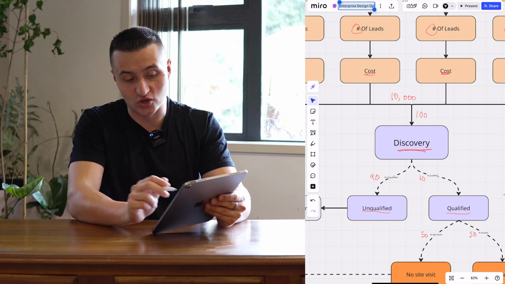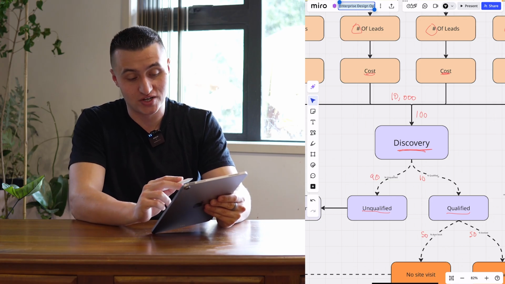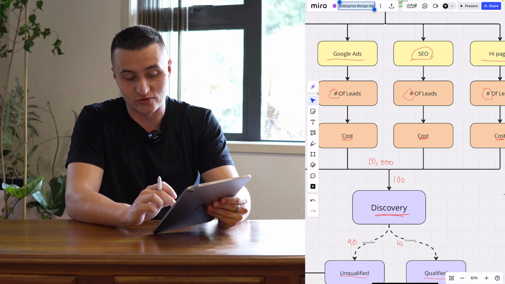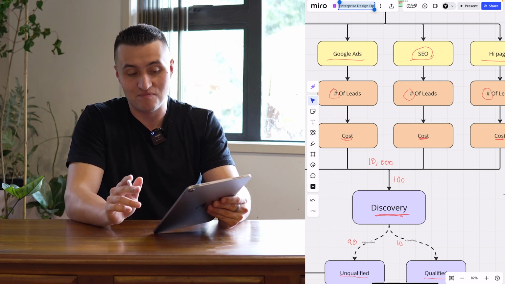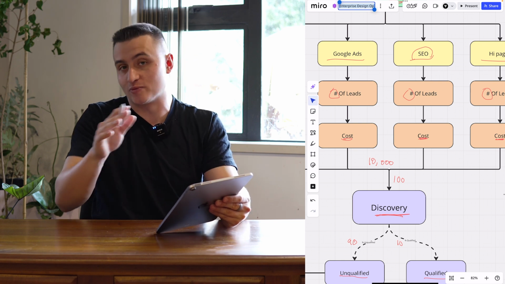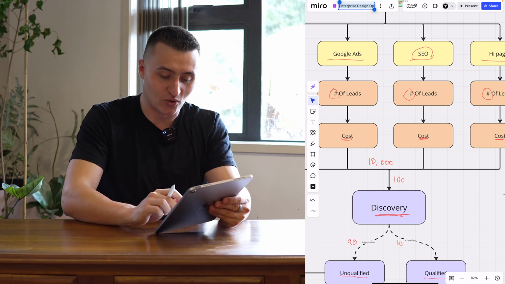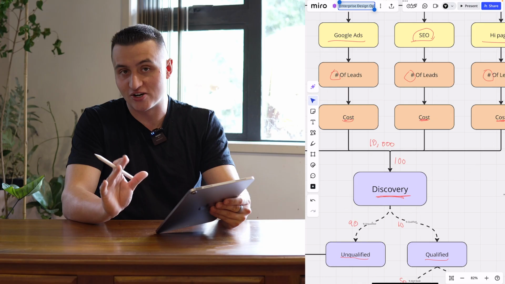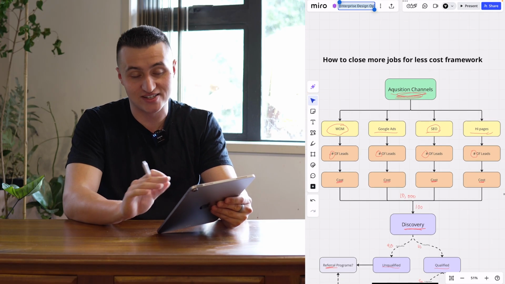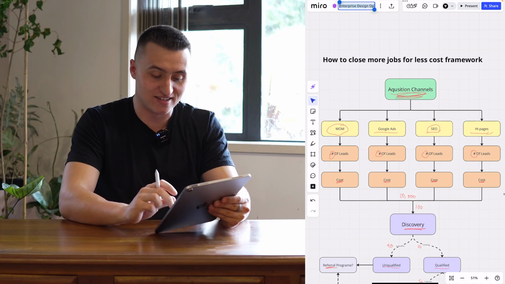Now, depending on what your cost per lead is on each individual acquisition channel, even if you have a 10% qualification rate, it's not the worst thing if your cost per lead is very cheap. However, if your cost per lead is very high and they're not qualified, then something is very much going wrong in the marketing funnel and how you're even getting these leads, and therefore you need to address that.